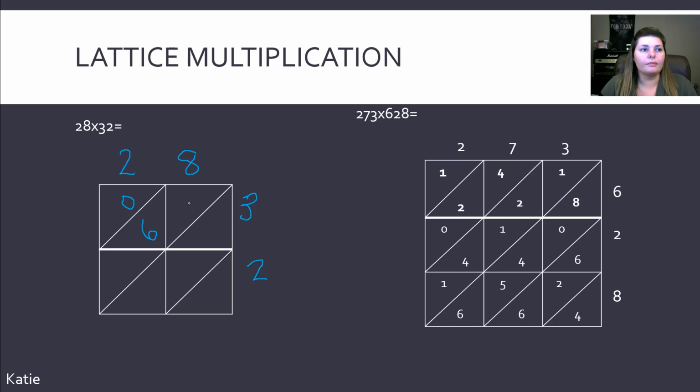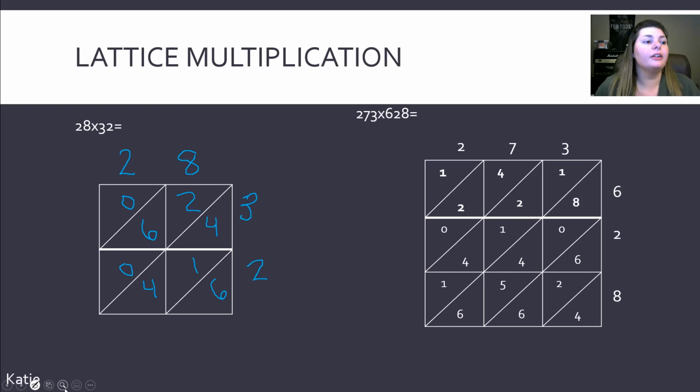So then we do 8 times 3. So let's see, is 24, 2, 4. And then we do 2 times 2. 2 times 2 is 4. And then we say 8 times 2 is 16. 1 and 6.